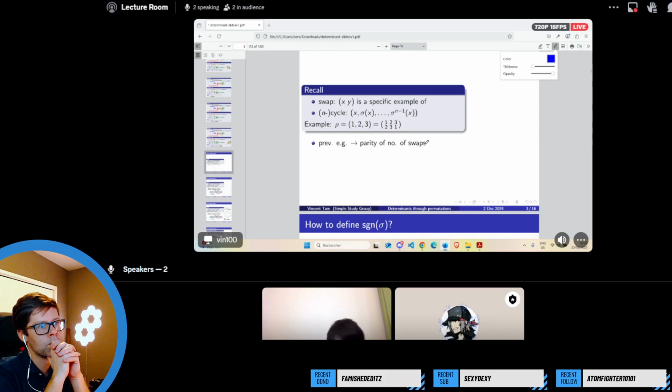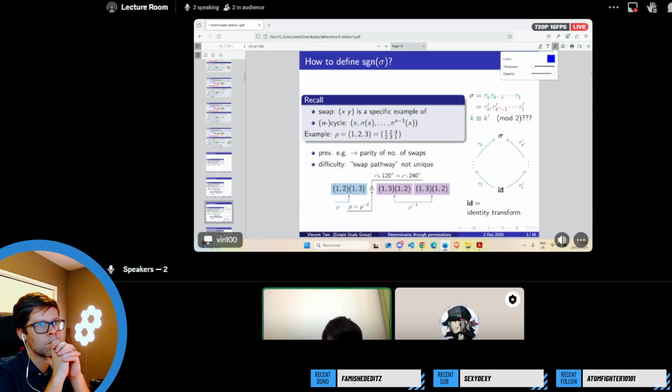Here, let me show you the graph. If SGN sigma is the number of slopes going this way, then SGN sigma inverse is just the number of slopes going the reverse way. So the number of slopes should be equal, right? That's why I can safely replace SGN of sigma by SGN of sigma inverse.